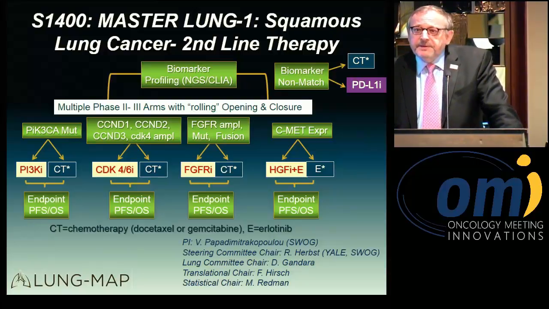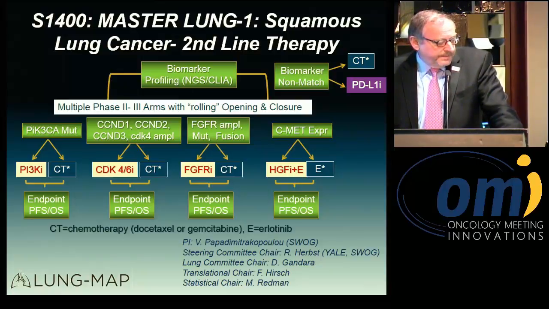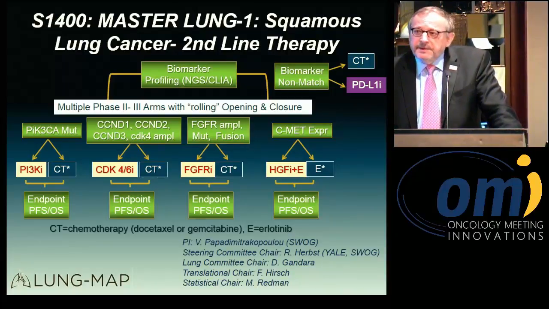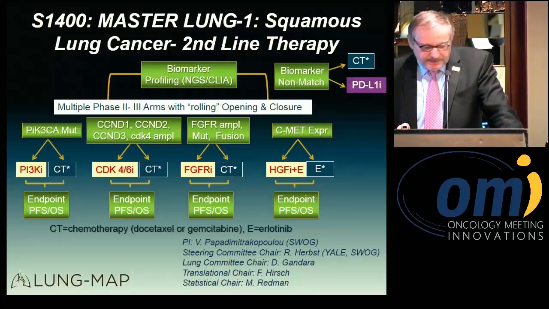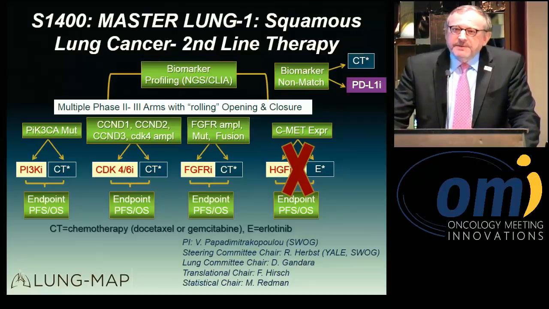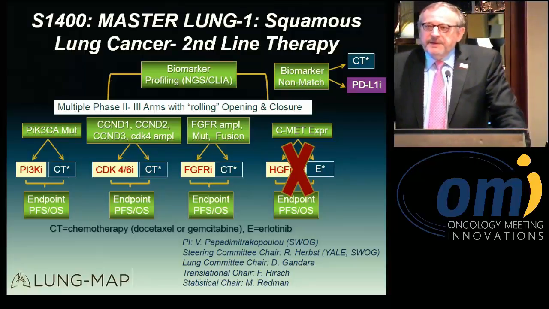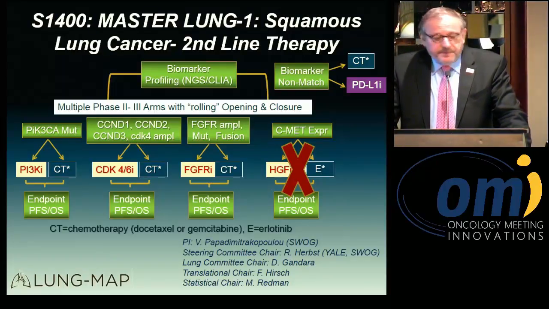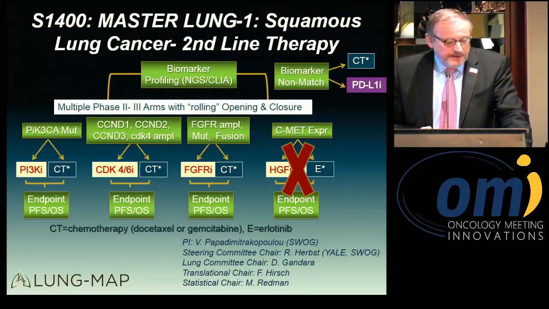This is the original drug design and drug selection. We have a PI3 kinase inhibitor, a CDK4/6 inhibitor, an FGFR inhibitor, and originally a MET inhibitor, and in the non-matched arm, a PD-L1 inhibitor. Now, MET went out of the design based on disappointing results the company had, primarily in some other tumors, but also affecting lung cancer.